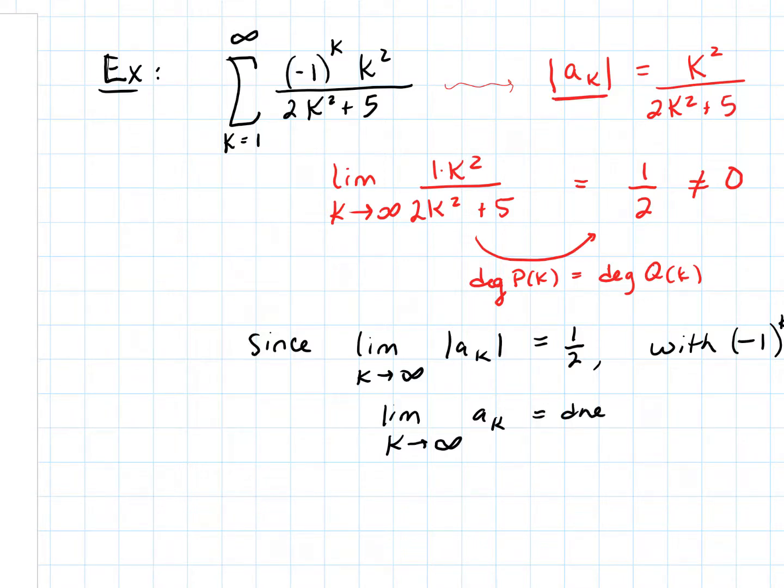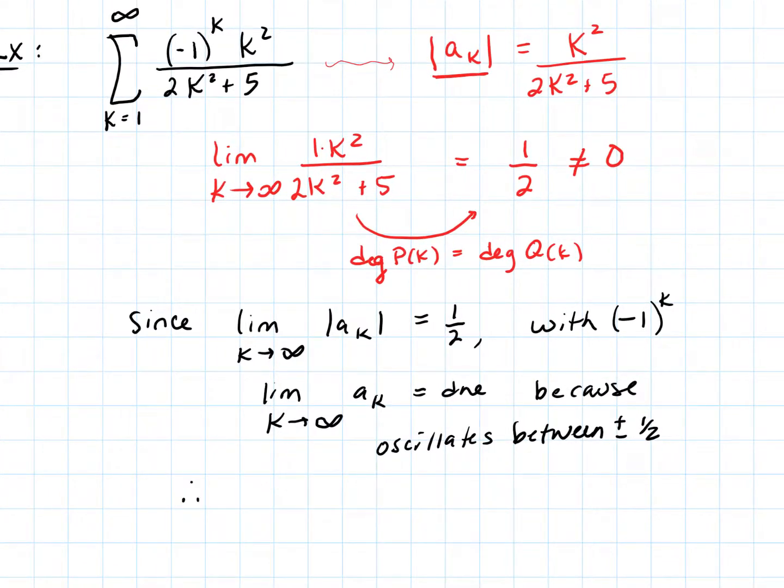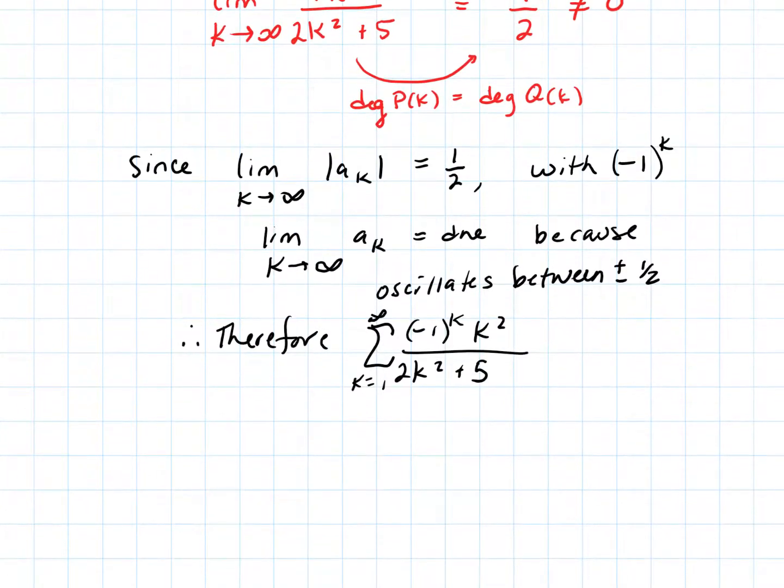It oscillates between positive and negative 1/2. Therefore, this series must be diverging. The series itself, (-1)^k k squared over 2k squared plus 5, diverges by the divergence test.